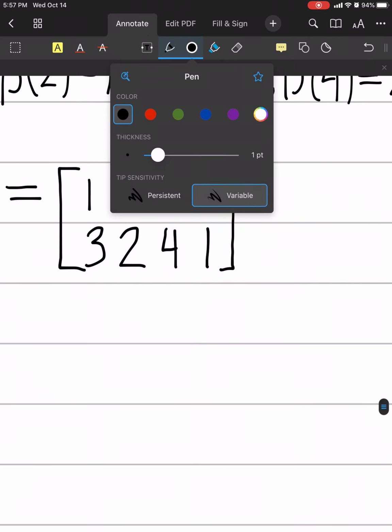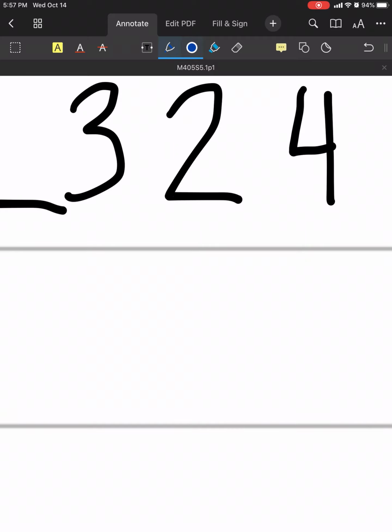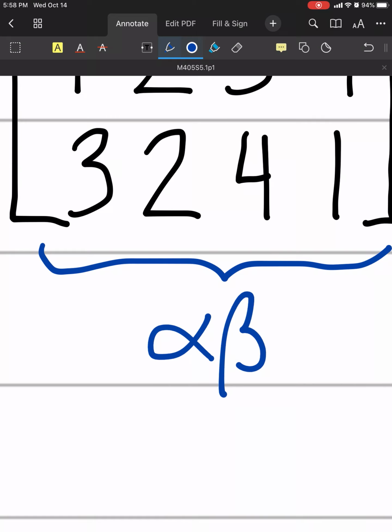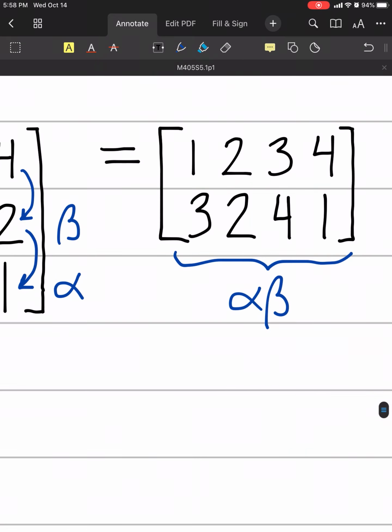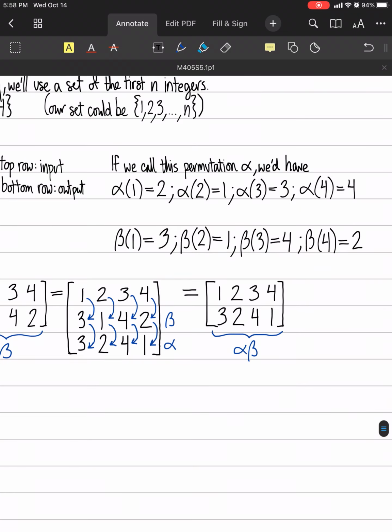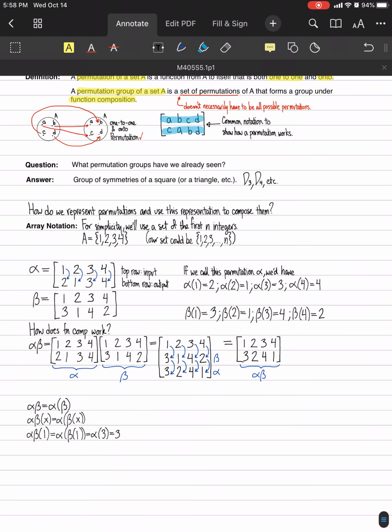Before, we had said what alpha was, we'd said what beta was. This is alpha beta. So it is important to keep track of the order of these things. You do the right one first. Think about it like you're plugging in a function. Okay? So this is what we get for alpha beta, and you'll notice that it doesn't necessarily look that much like alpha or like beta, right?